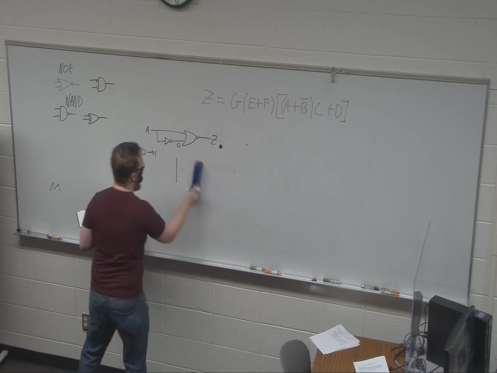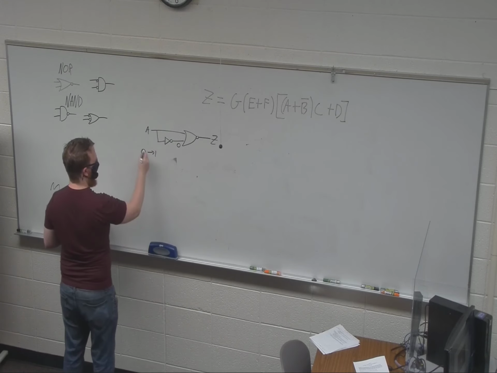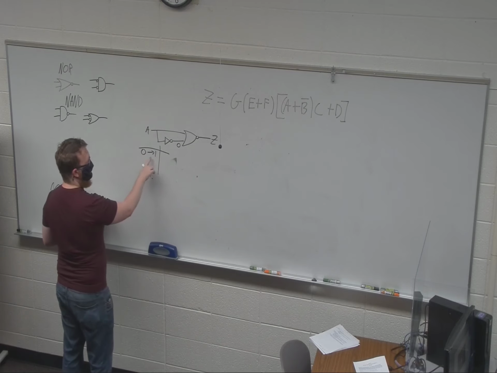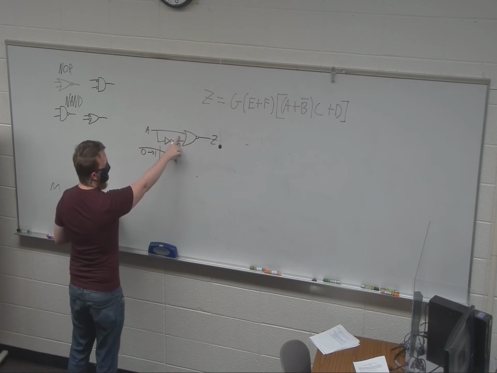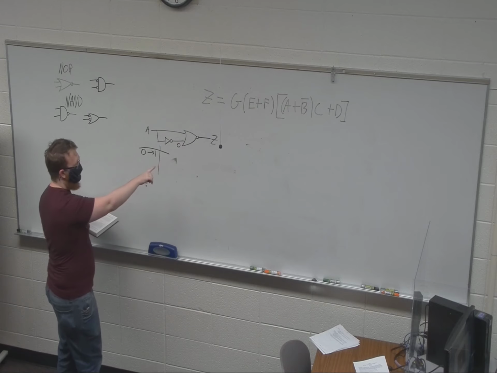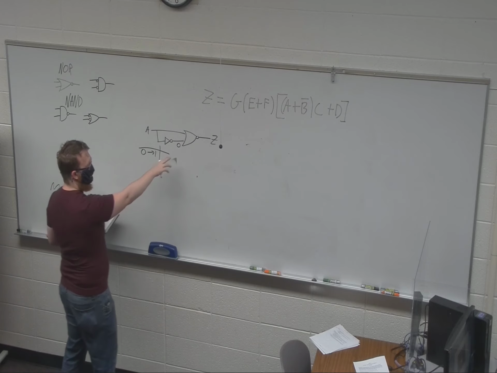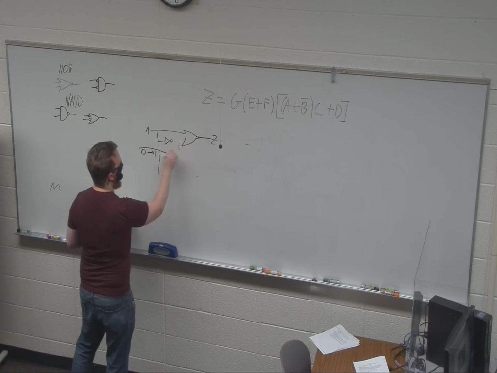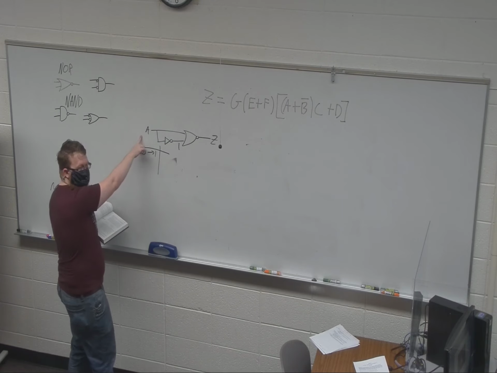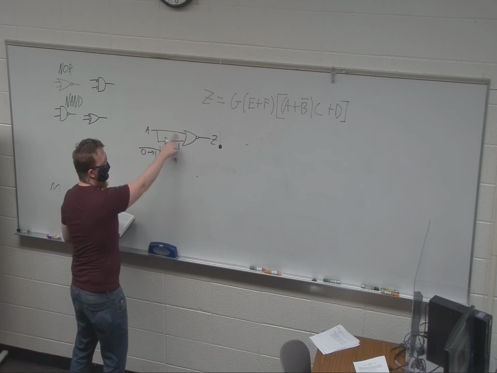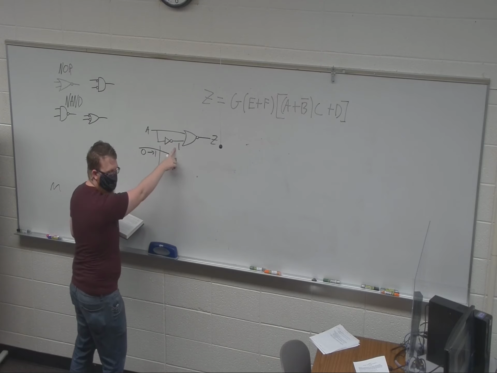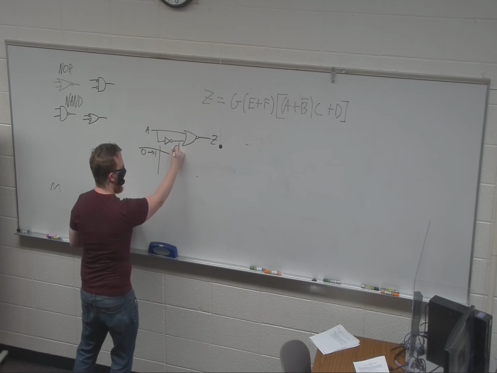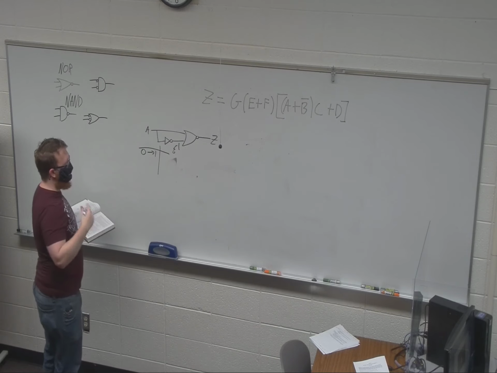Let's see, what's a good way to draw this table? As A goes from 0 to 1, this goes high. This is still a 1 for a little while, sorry, because it's inverted. Because we were a 0, go to 1, this 1 happens. This gets delayed and then becomes a 0. Because we're inverting, right?